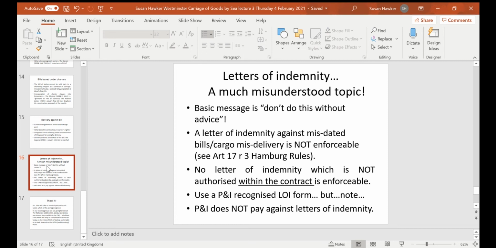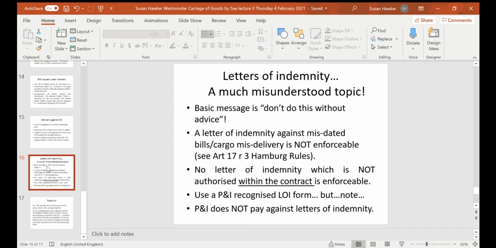In order for the promise of the indemnity to be enforceable, it must be a binding promise. In other words, it must have been given for consideration. Never forget your basics in contract. And so the original contract, the charter party under which the goods were shipped, should say goods may be released without bill of lading in return for a valid letter of indemnity.